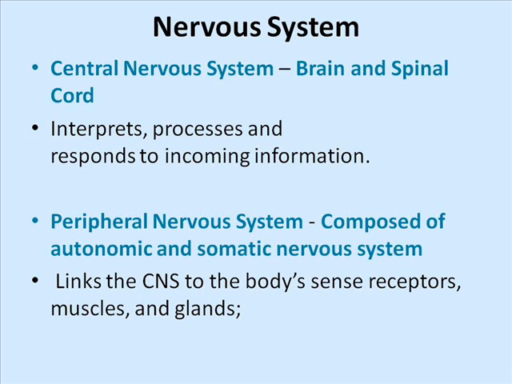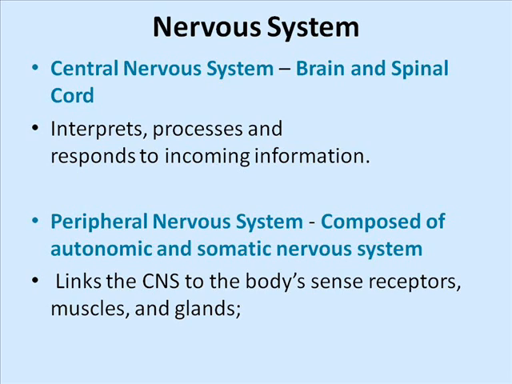In return, as they respond to this information, they send signals to the peripheral nervous system, the outside nervous system, to control body movements. The peripheral nervous system is composed of the autonomic and the somatic nervous system.